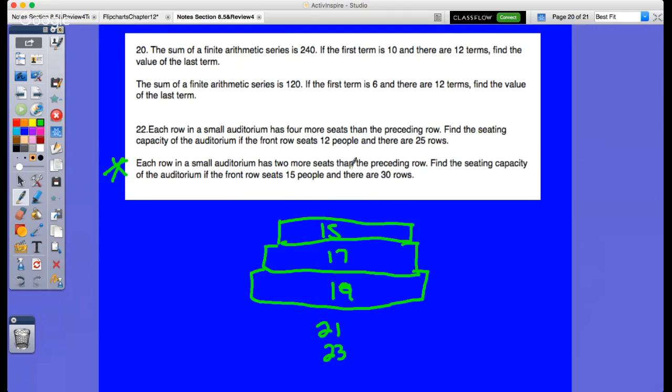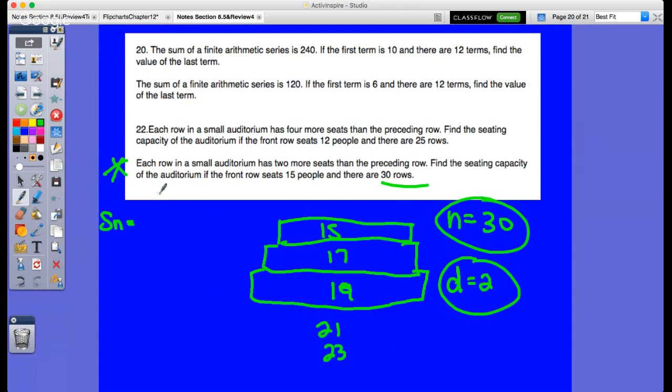It says find the seating capacity if the front row seats 15 people and there are 30 rows. Well, 30 rows means there's 30 different values in our sequence. So we're summing up, and because we're adding by 2 each time, 15, 17, 19, 21, 23, our difference is 2. We may need to come back to that, but more importantly, we know that it's arithmetic again.